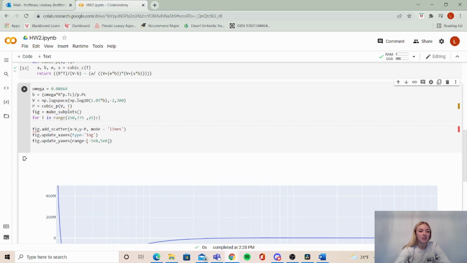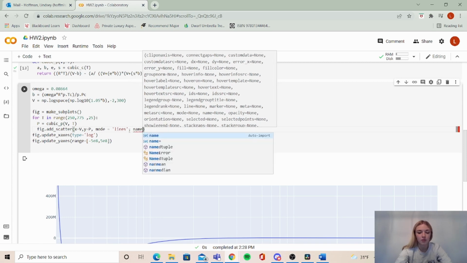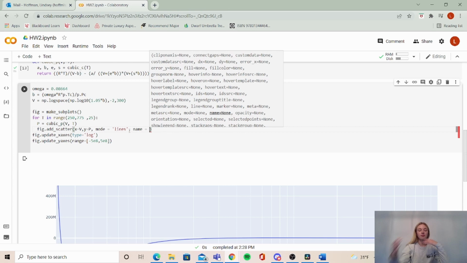Then we need to add in our pressure, so I'm just going to move that down here. We also need to include our scatter plot in there so it runs through there. Another thing we can do is name our temperature values so that it shows the temperatures along the column of lines.